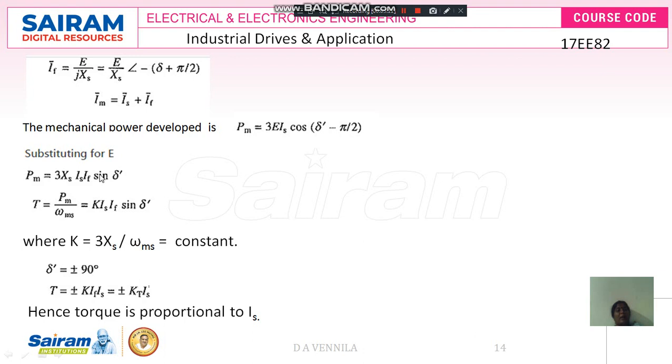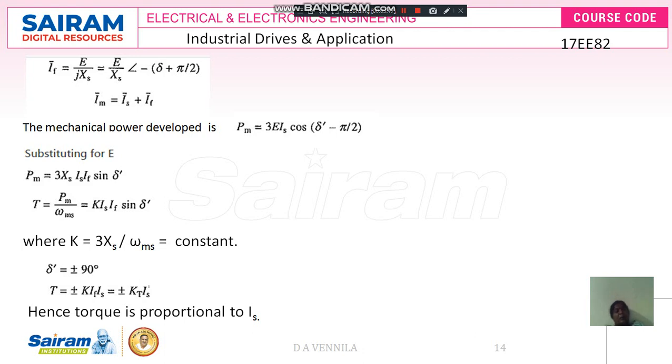If you substitute the value of E, the mechanical power will be 3 Xs Is If sin delta dash. The torque T is this mechanical power divided by omega ms, where K is a constant given by 3 Xs divided by omega ms. Here we can notice that the torque is directly proportional to Is.